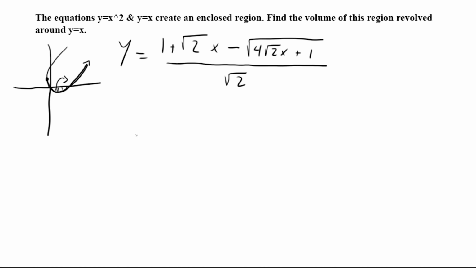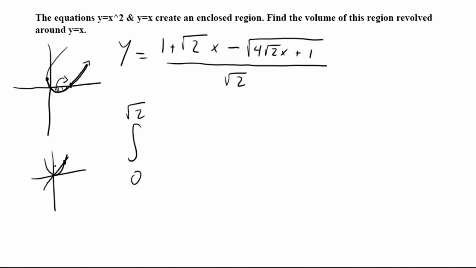And so our bounds of integration will be from 0 to the square root of 2. In the original graph, it would look like we're integrating from 0 to 1, because we have this parabola here, and we have this line here, and this is the point (1, 1).